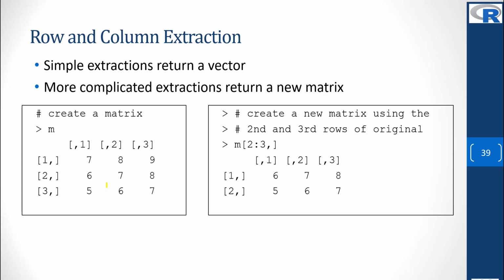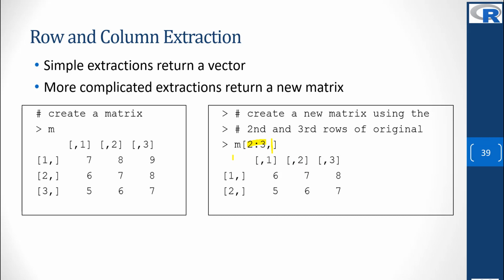We can do some basic extractions that we've seen, and we can actually create a new matrix using more complicated expressions. So remember our range operator, the colon. This is saying give me rows 2 through 3, and then we don't specify a column.